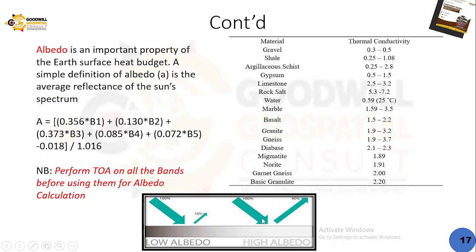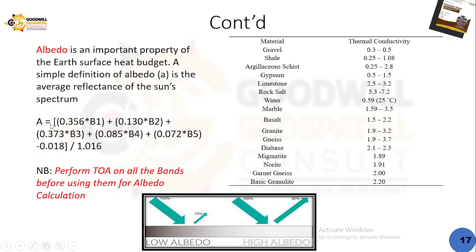So here we have 100% of the energy from the sun, and 80% is being scattered. So this creates what you call a high albedo. Now we can calculate albedo using these equations, where band 1, band 2, band 3, band 4, band 5 can be obtained from the Landsat 8 series.